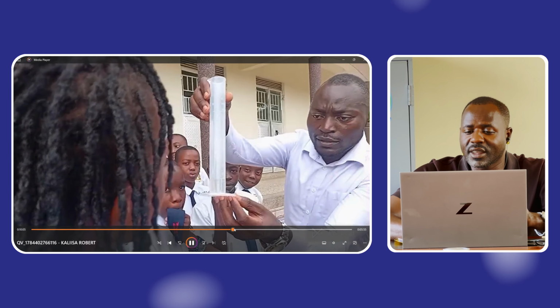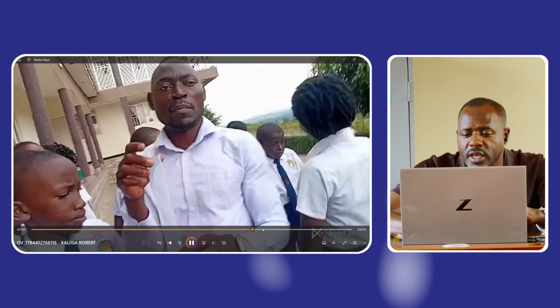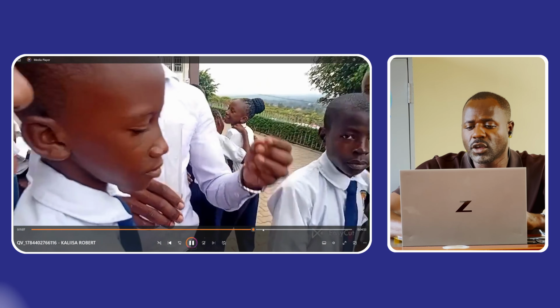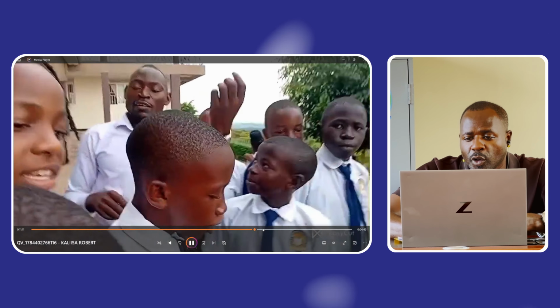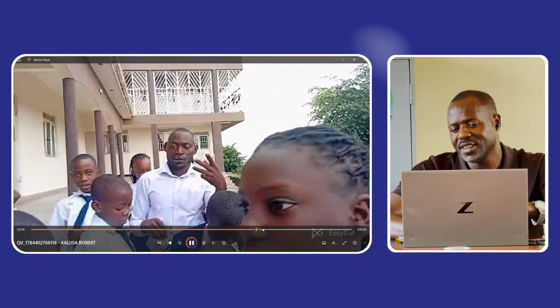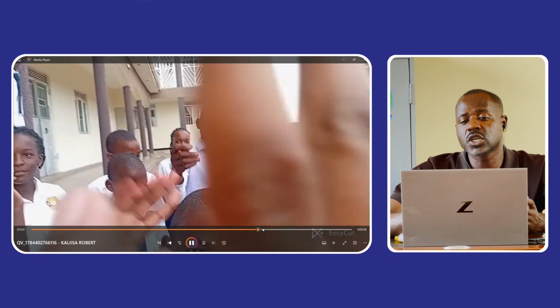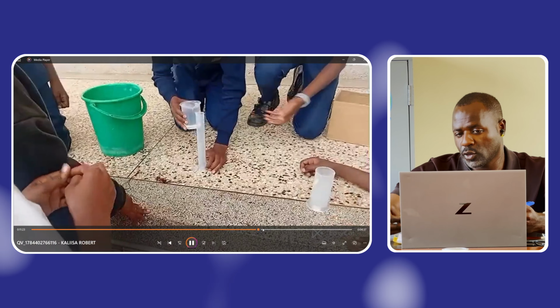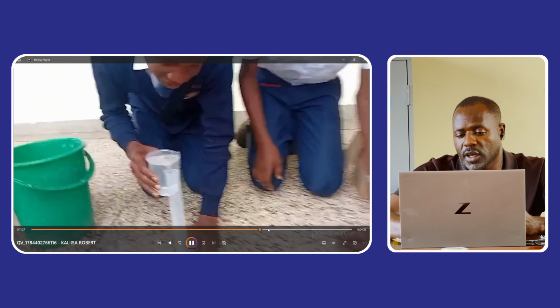Then maybe lastly, because of no clear instruction, learners started reading the readings from the beaker. Some of them were lying on the ground, reading from the beaker instead of reading from the measuring cylinder. So what do I mean by clear instruction? Show learners what they are going to use in the displacement and where they should be reading from.